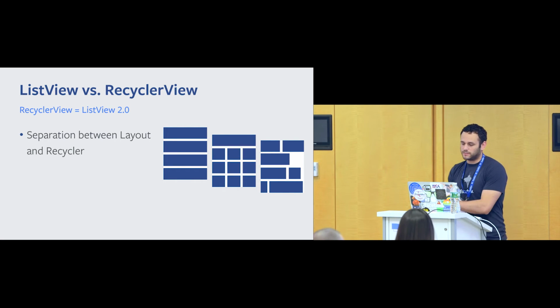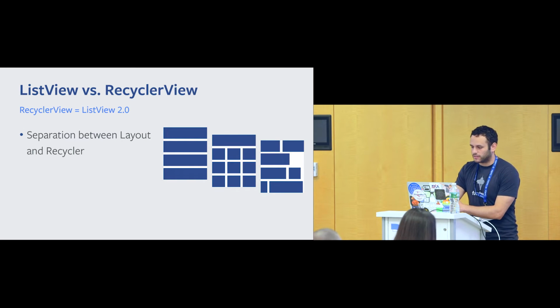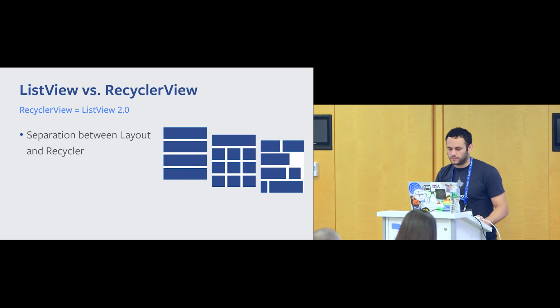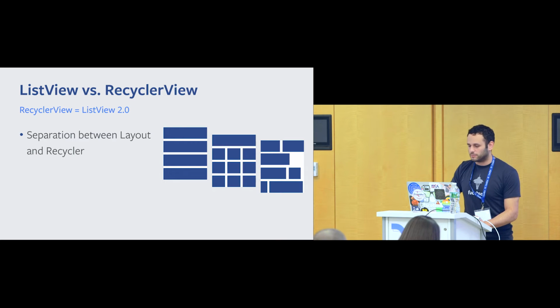And the biggest example of this is that the layout manager, which is responsible for laying out the views on the screen, is separate from the component that recycles the views. And the implication of this is that unlike ListView, which only supported a few layout types such as grid and list, the layout manager for RecyclerView can support all different types of scrolling layouts. Android has officially released 3 different ones, linear, grid, and staggered grid, but there's a number of other ones available in open source libraries.